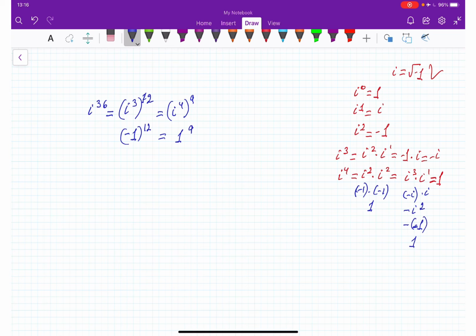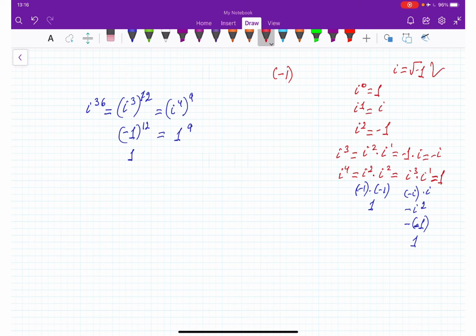So since negative 1 to the power 12, because we have even degree, we are going to get positive 1. To refresh your memory real quick, if I'm raising a negative number to an odd degree, let's say 13, you get a negative number. But if you raise a negative number to an even degree, any even degree, you get a positive number. Okay? So we get 1, and also here we get 1. So the answer is going to be 1. i to the power 36 equals 1.